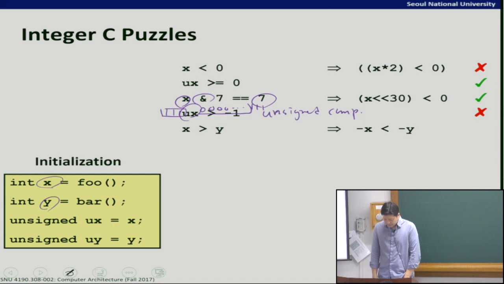If x is greater than y, then -x is always less than -y. Is that true? The answer is no. Can anyone guess an example when this doesn't hold?